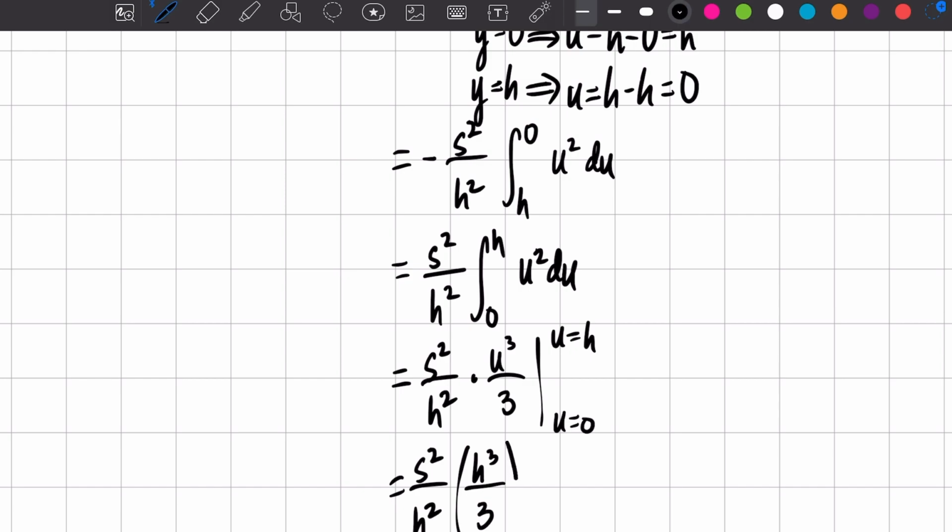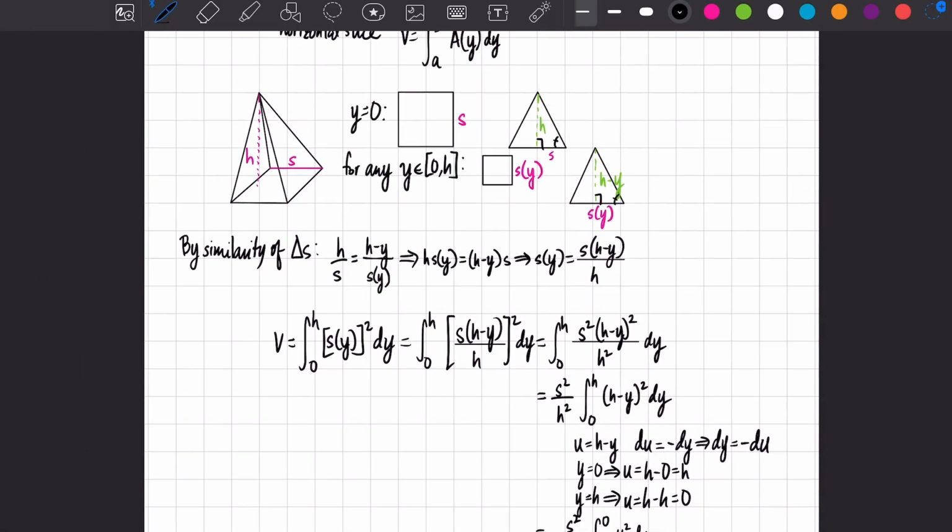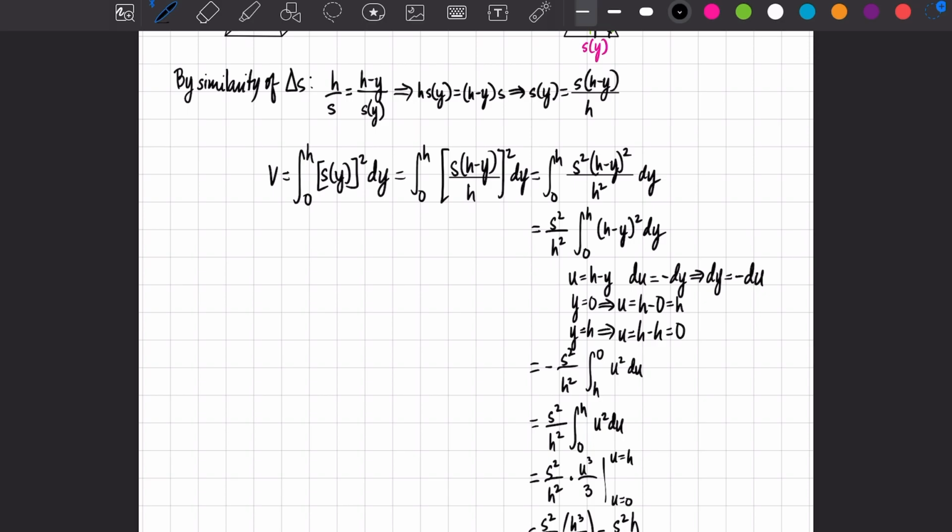So we have h cubed over 3 here. Then we have here h cubed divided by h squared. So that will give us h. Then you have your s squared factor there. And in the denominator, you still have your 3. And so the volume of this pyramid right here is s squared h over 3. Okay?